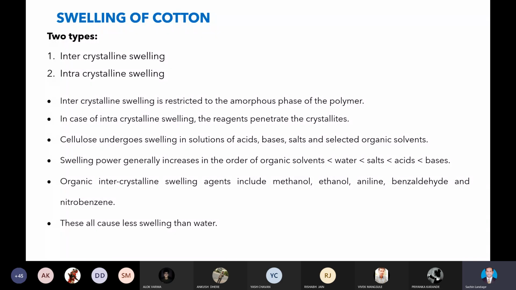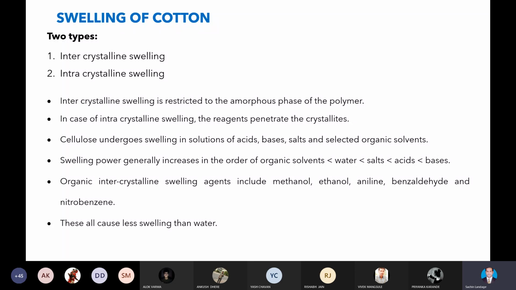That's why we carry out mercerization in a taut condition. Taut means in a tight condition. If there is no tautness or tension, the fabric will shrink.